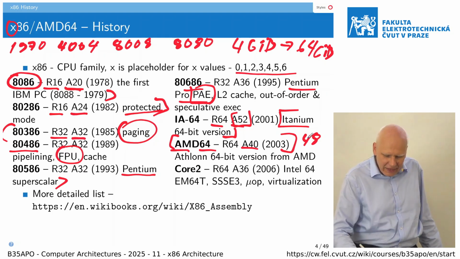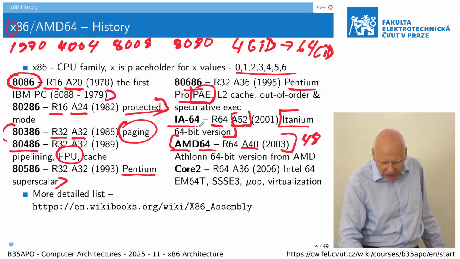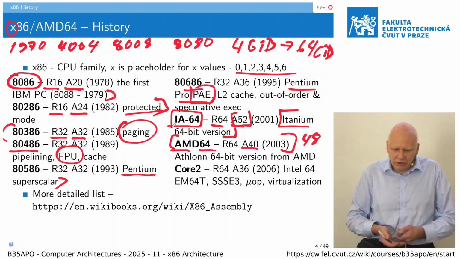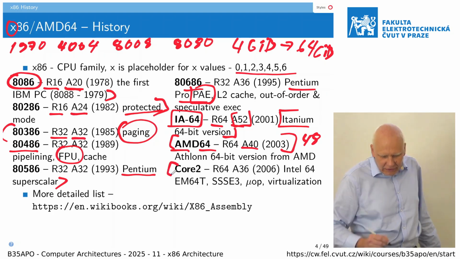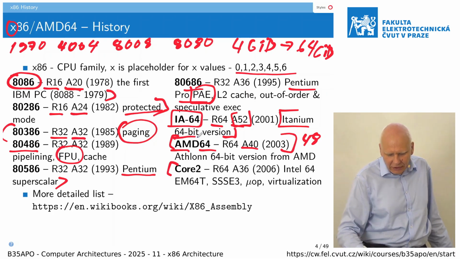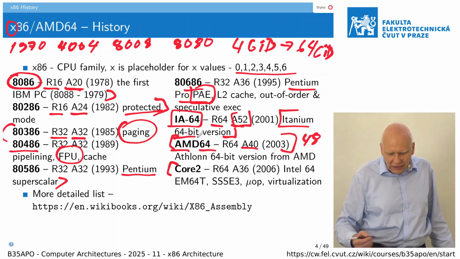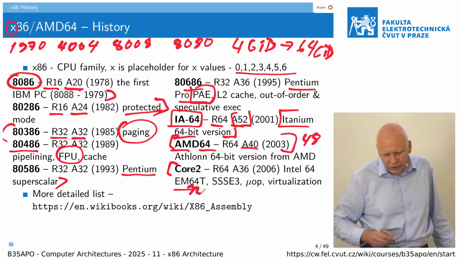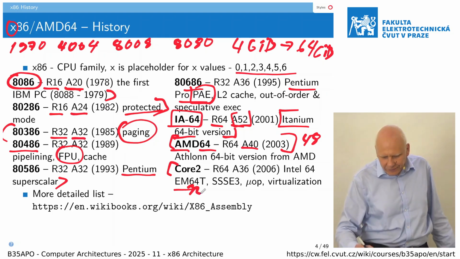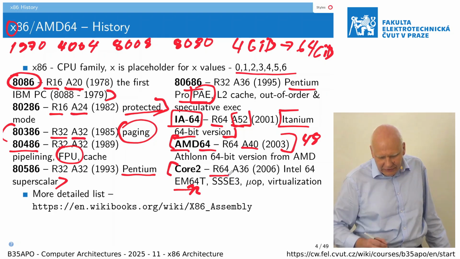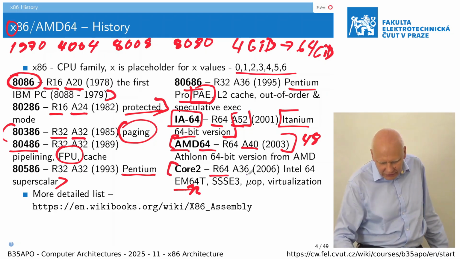Okay, and Intel found that Itanium basically is unusable for the future, so at the end they switched to the same 64-bit extension as AMD, and they started with what they call EM64T technology, and later they had 64-bit wide registers.